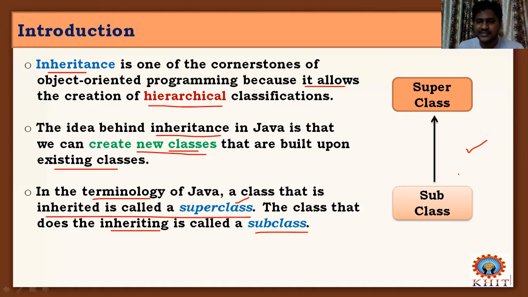In the diagram, this is the superclass and this is the subclass. The subclass extends the properties of the superclass. So the subclass can have all the rights to access the properties and behaviors of the superclass as well as the members of the superclass, either an instance variable or a method of the class.